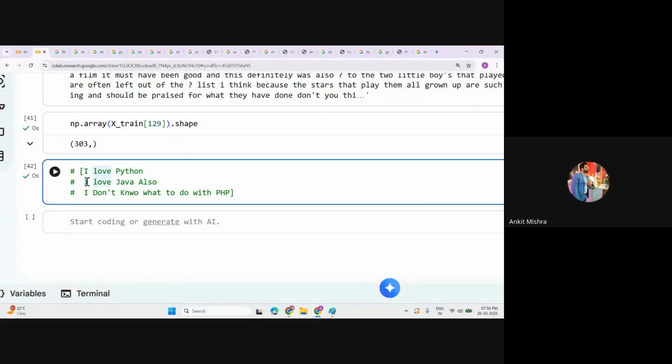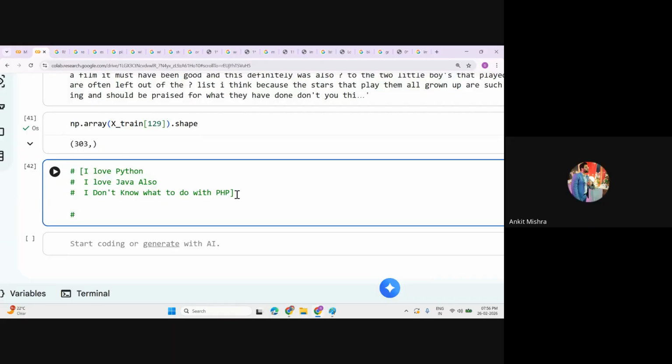The lengths differ: the first is 3, the next is 4, and the other is 8. So this becomes a problem for your model. So what you will do is use a padding technique, the way we used it in the image or CNN problem. So we have to use the padding sequence technique.